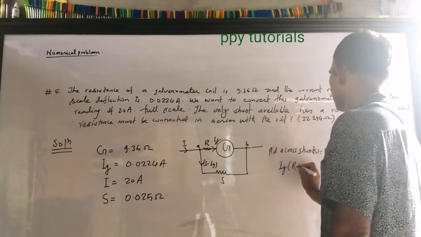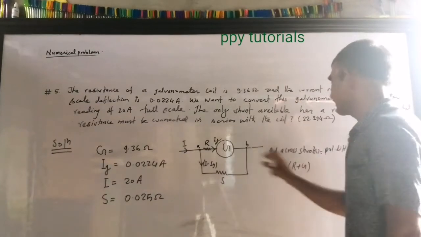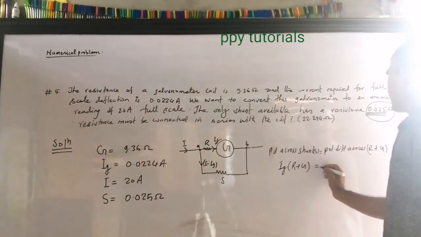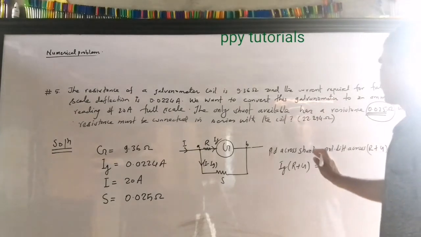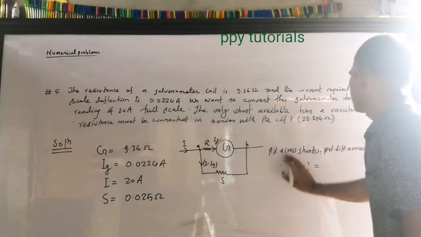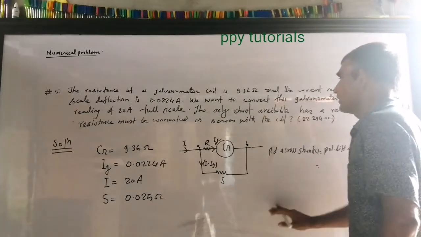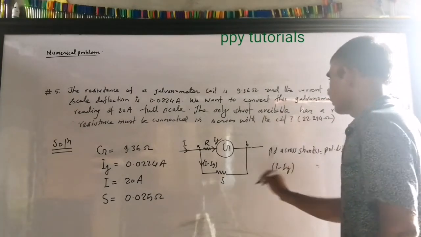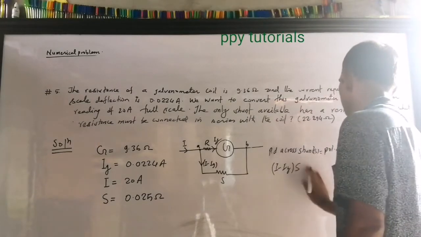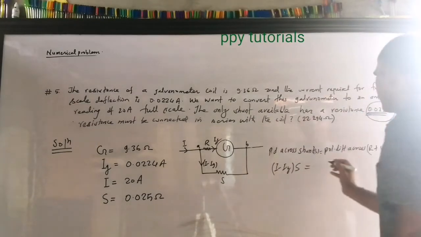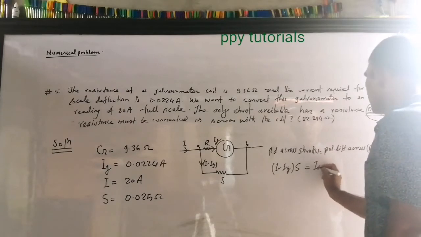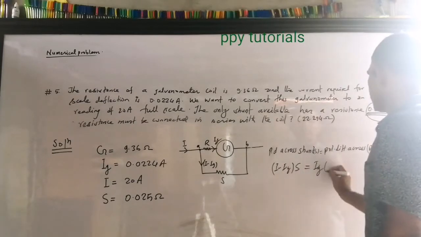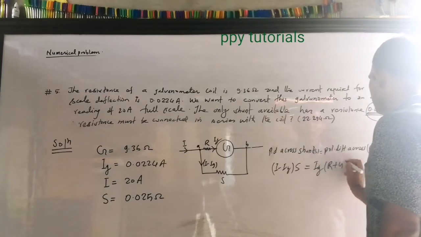Ig times R plus G, both are in series, so total resistance is R plus G. And on this side I am writing the shunt, so you don't get confused. I minus Ig is the current flowing through the shunt and the resistance is S, and on this side I have current Ig and total resistance in that branch is R plus G.